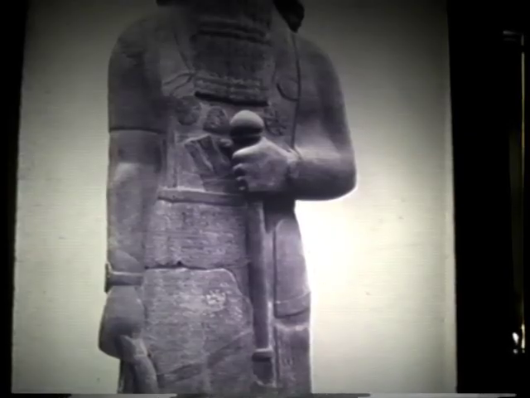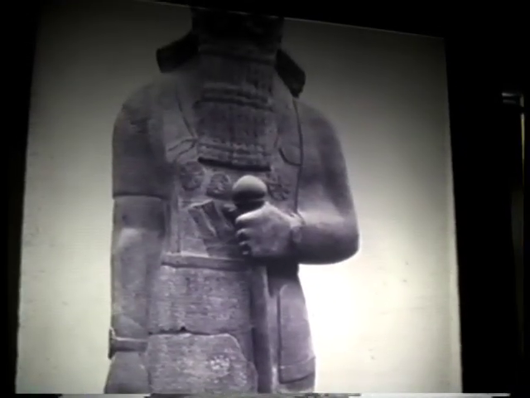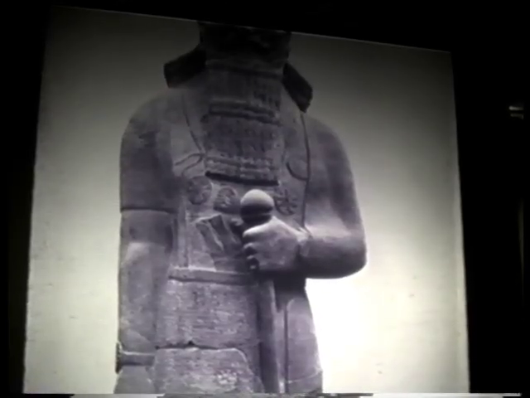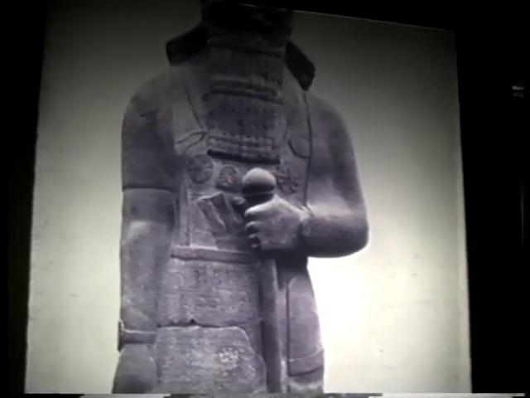Then the second culture that we had was more eastern, and it was from the Tigris-Euphrates Valley, the Mesopotamian cultures. They were a warring, violent culture, and their art forms were very delicate.